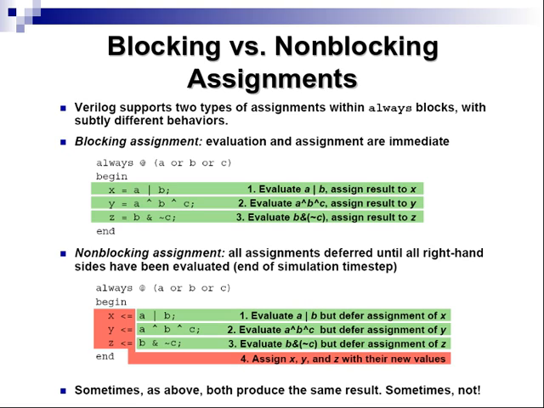So the point is, we wait till x finishes, then we move on to y. If we want to use the value of x and y, it will be the new value after it was computed. By contrast, if we execute it here using the non-blocking assignment, these will not happen sequentially.